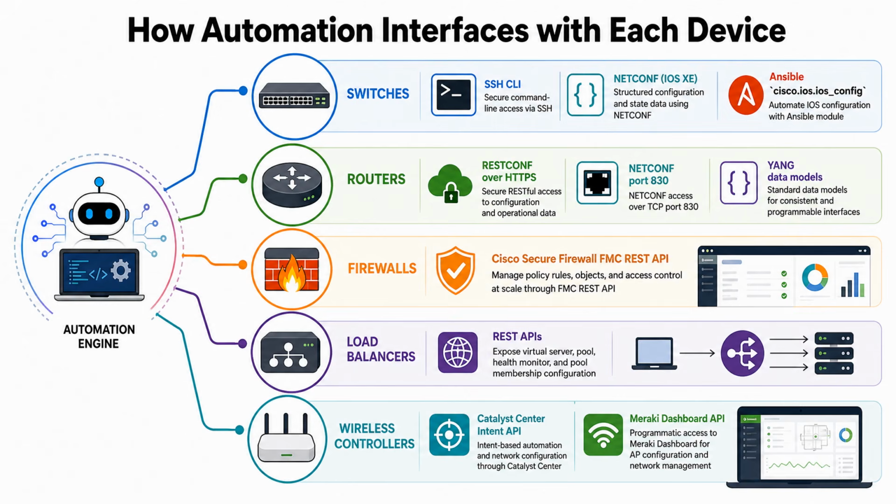Now that we understand what each device does, let's map out exactly how you talk to each one programmatically. This is where the 200-901 exam gets very specific, so pay close attention to the pairing of device type with interface type. Switches running Cisco IOS XE support SSH for traditional CLI-based automation. Tools like Netmiko establish an SSH session on port 22, send CLI commands, and parse the text output.